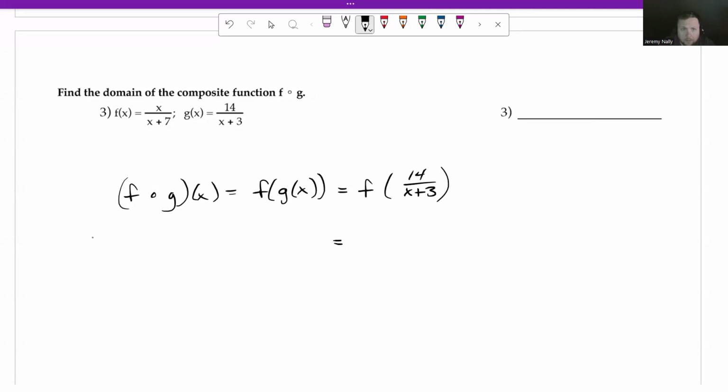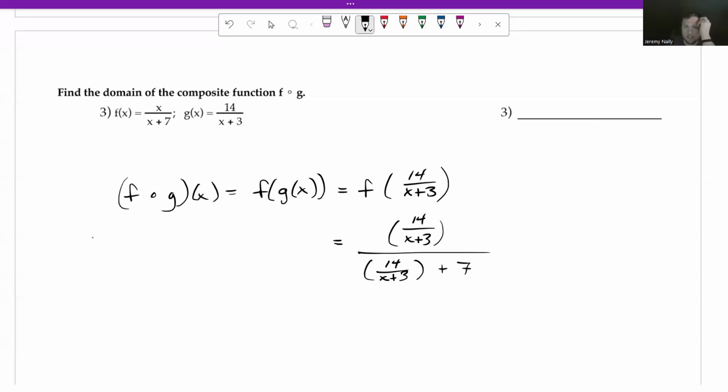And then f of x, we take the input and put it over the input plus 7. So we have 14 over x plus 3 all over 14 over x plus 3 plus 7.